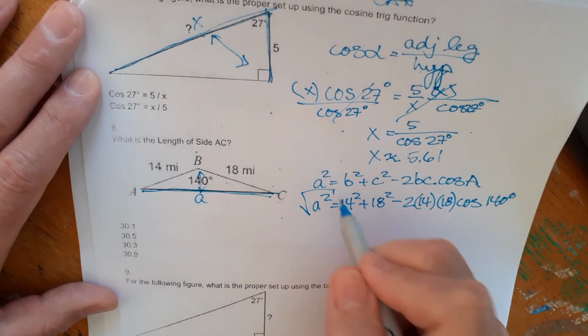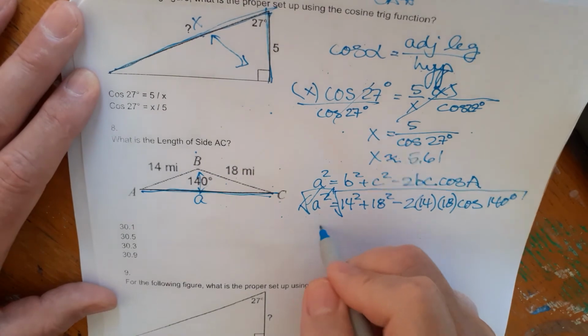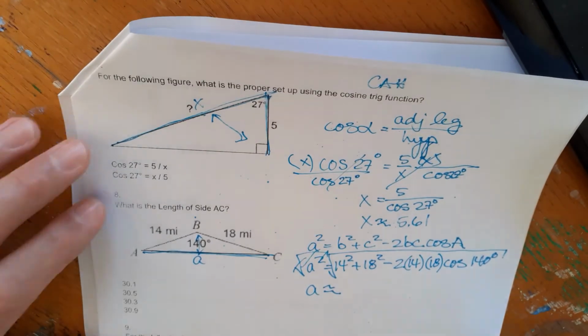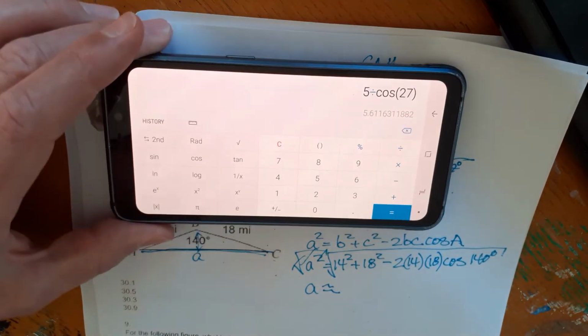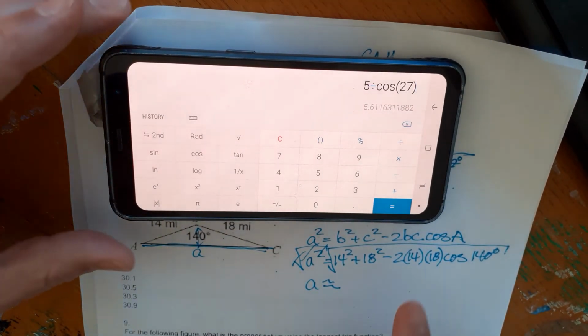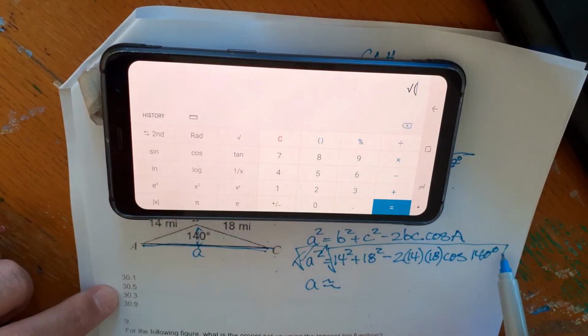I'm going to take square root of the left, which will cancel that out, and take square root of the right. So A is going to be approximately equal to, and I'm going to plug this all into my calculator in one statement if I can, because that's going to be the easiest and cleanest, believe it or not. Clear this out, do a square root. That stands for the symbol over the whole thing.